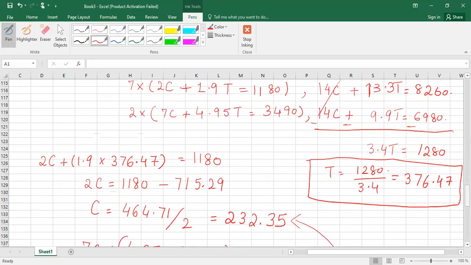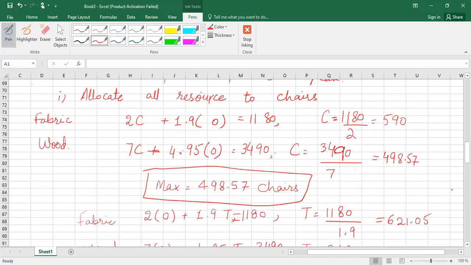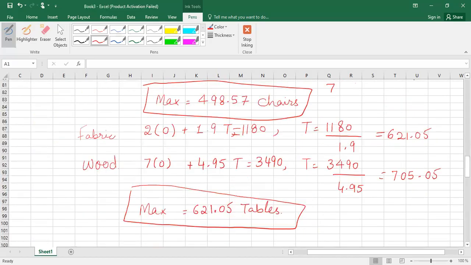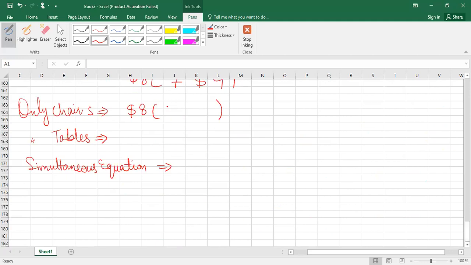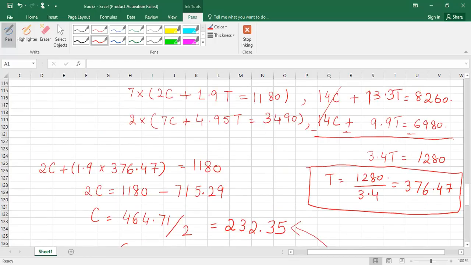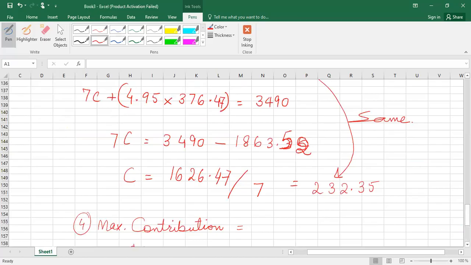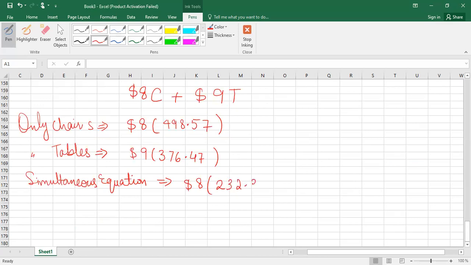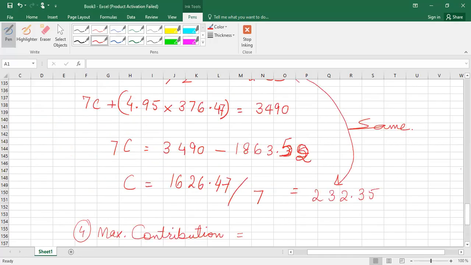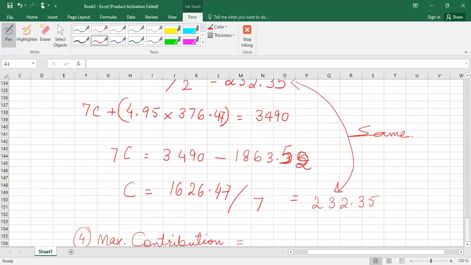So only chairs, 498.57. Only tables, 376.47. 8 into chairs, 232.35, plus 9 into tables, 376.47.